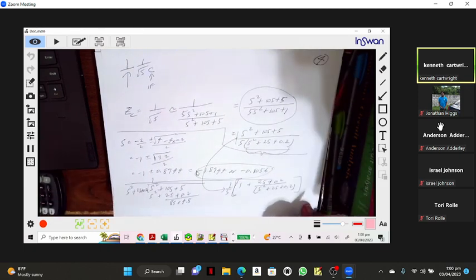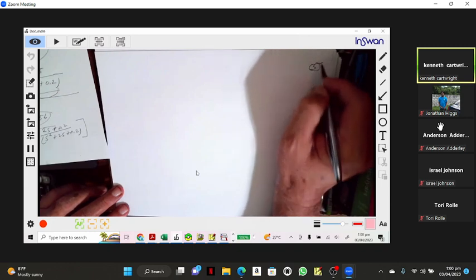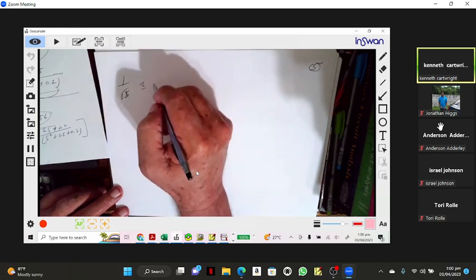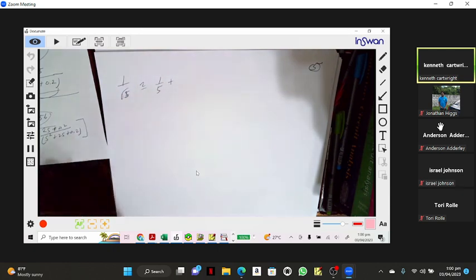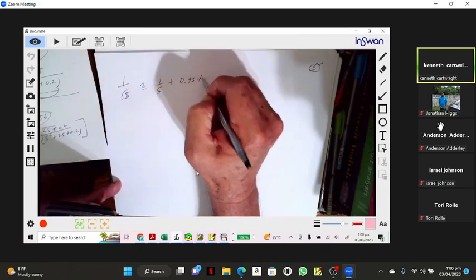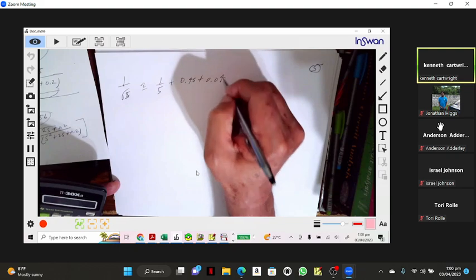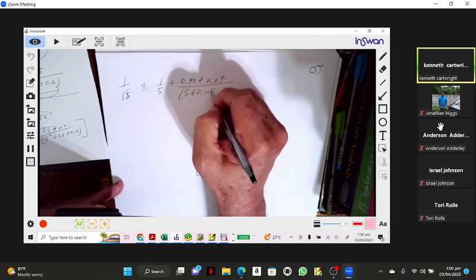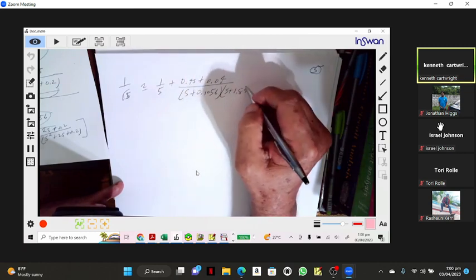Okay, I'm going to another page. So then the square root of S is approximately 1/5 plus (2/5 S, 0.4, plus 0.2 divided by 5, 0.04) over (S plus 0.1056) times (S plus 1.8944).